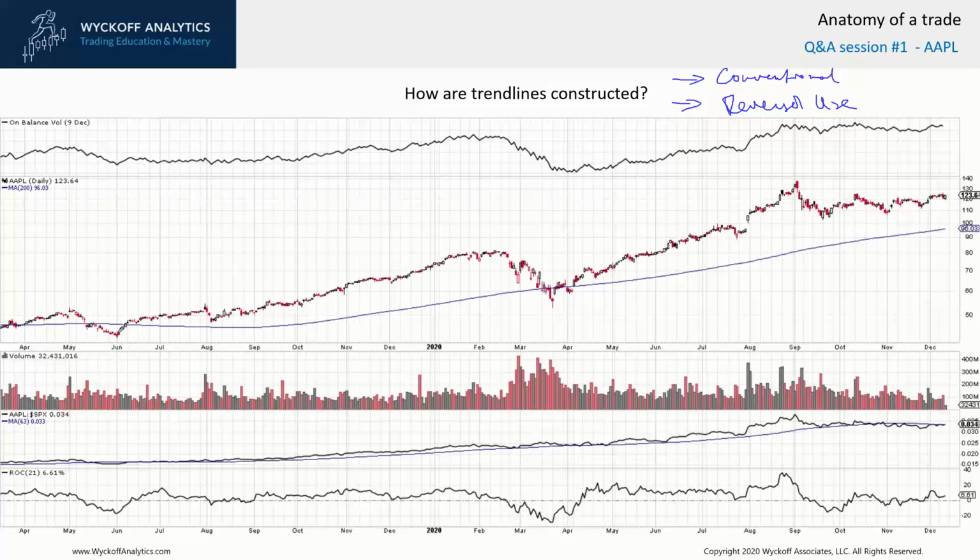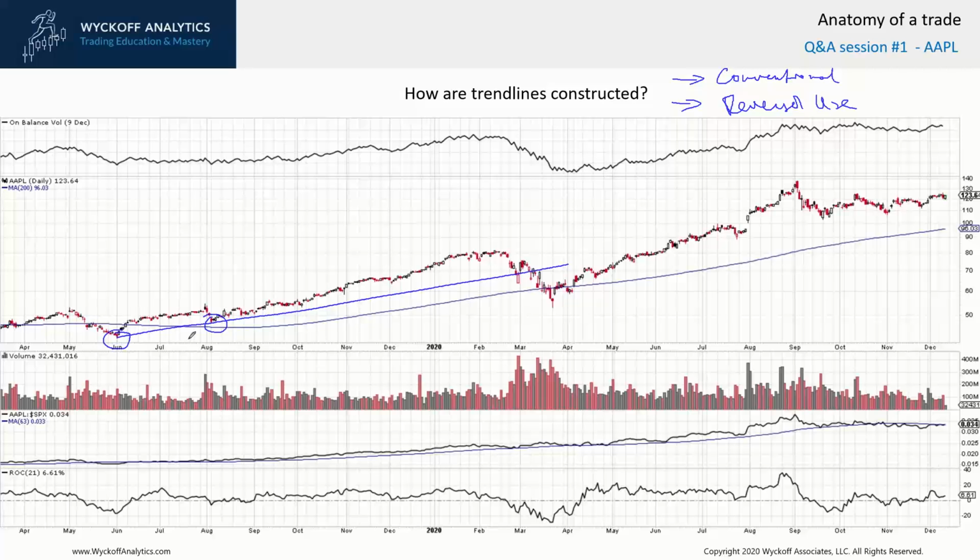You just basically take, let's say for uptrend trend lines, a low and a low, and you connect them and extend that to the right.